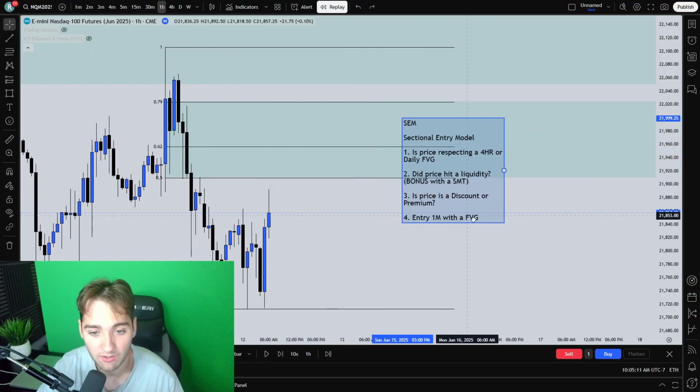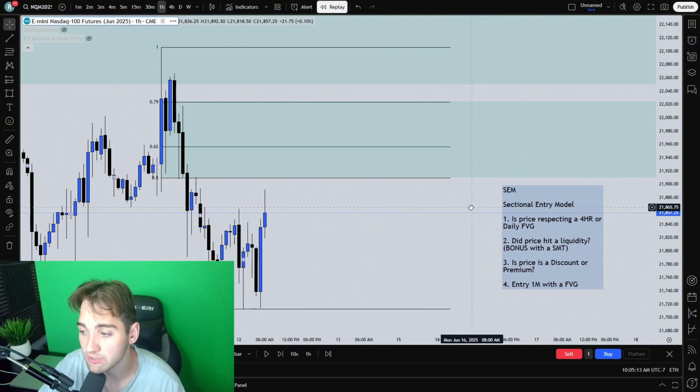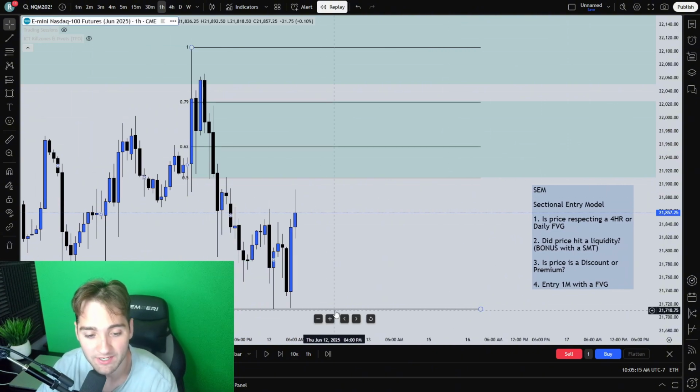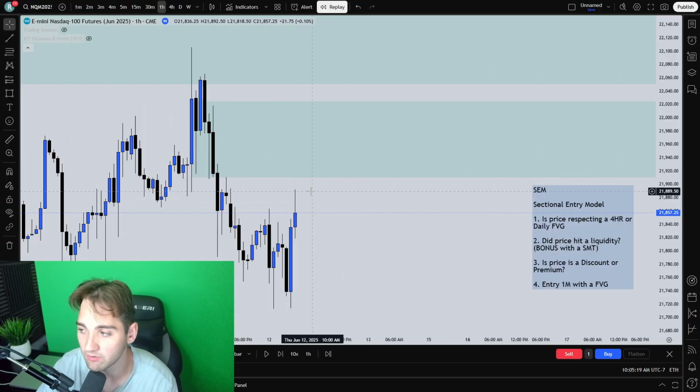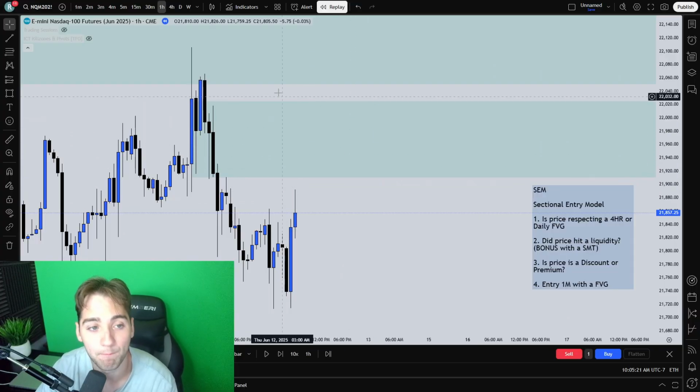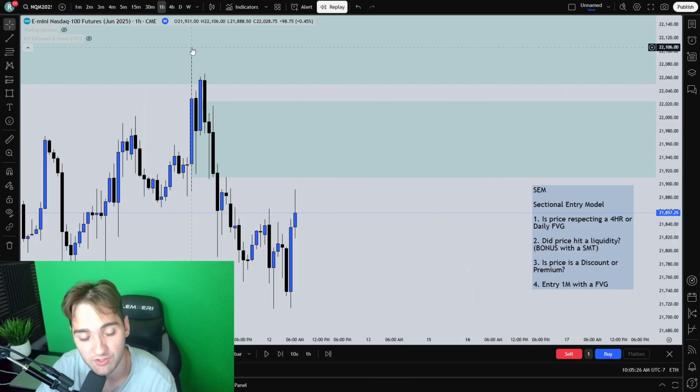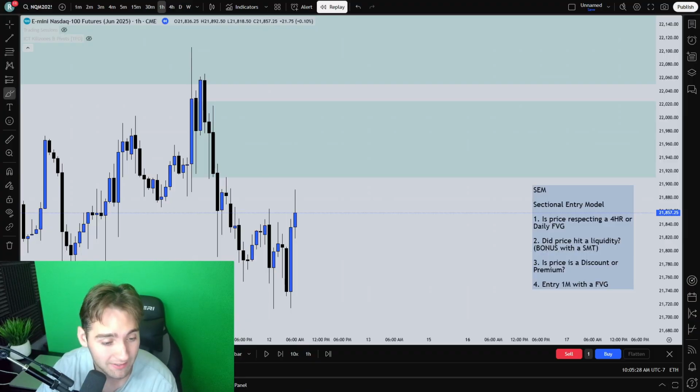This is our OTE. You could call it OTE. However, I just want to see price come up and respect this zone a little bit and maybe even run up to this high, if price is really bullish enough. So I'm expecting that price will do one of two things.